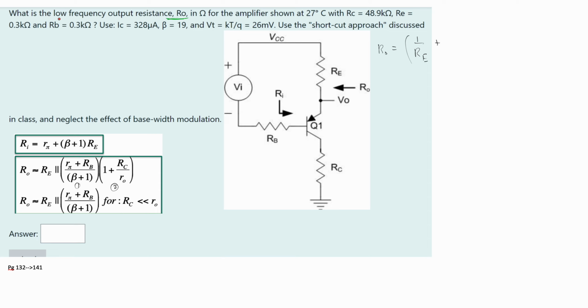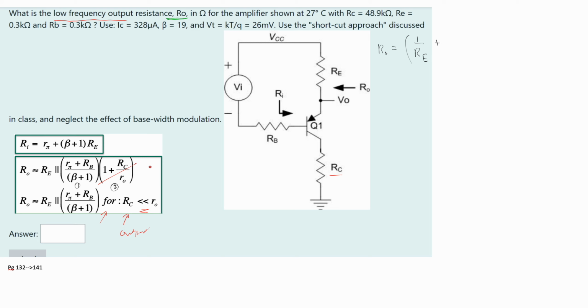We want to find the low frequency output, right? If it's low frequency, our RC, the output, because this is the output here, is going to be much less than our R naught. With that, this is not going to be in the picture.